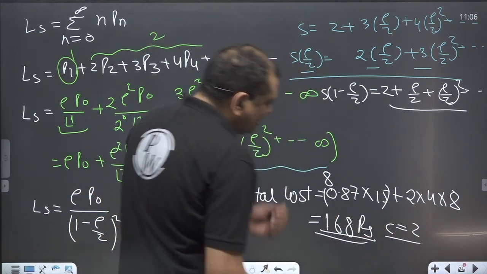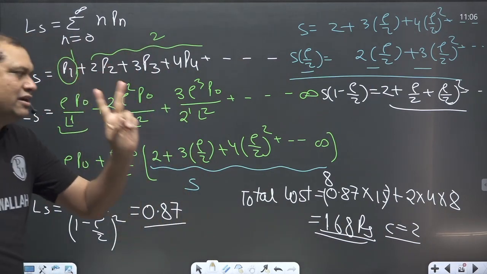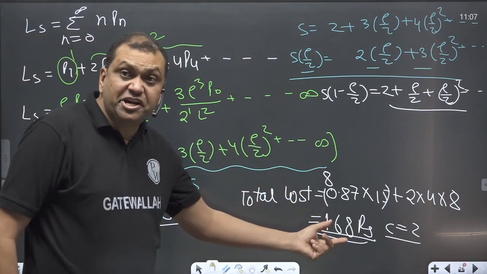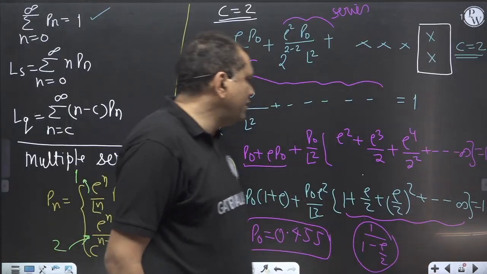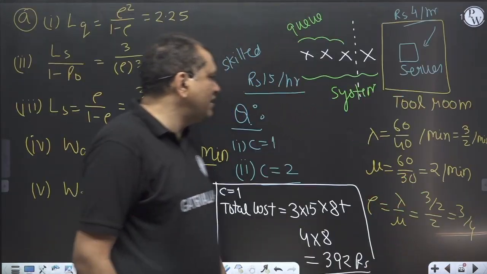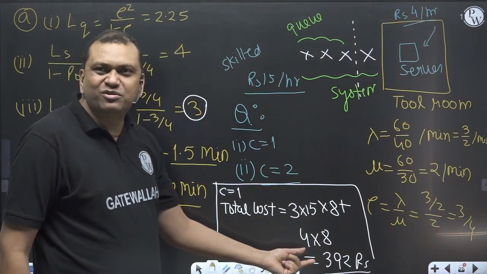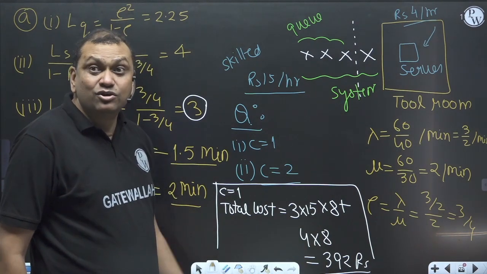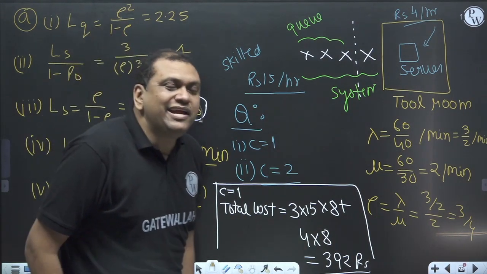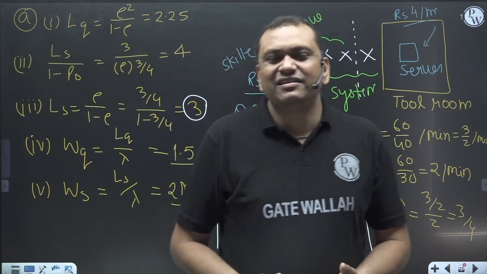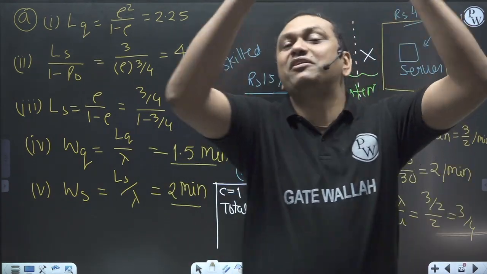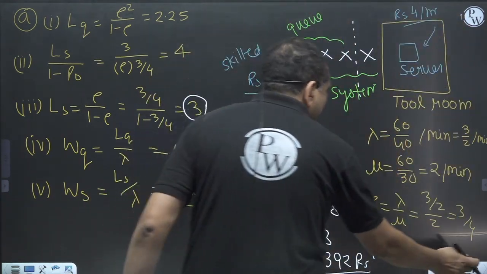So when there are two servers, I have to pay 168 rupees. And when there is a single server, I have to pay 392 rupees. So what is my conclusion? By employing a second server, a second tool room attendant, my cost is cheaper.